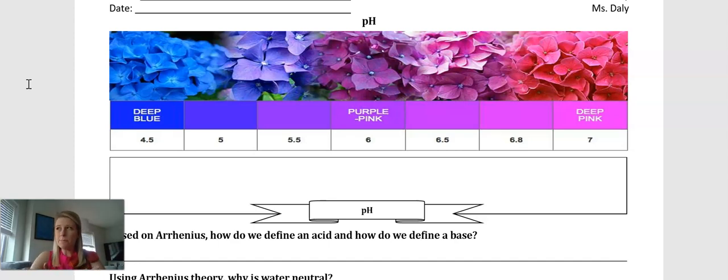So what is pH and what does it really represent? Well, pH has kind of a lengthy definition. I'm going to give you the lengthy definition and then the shortcut understanding.